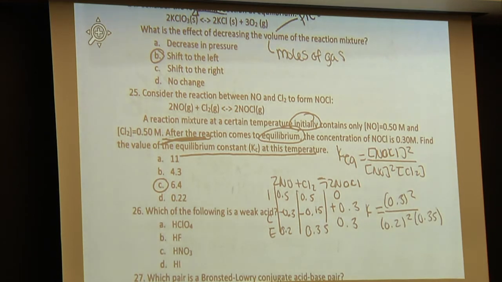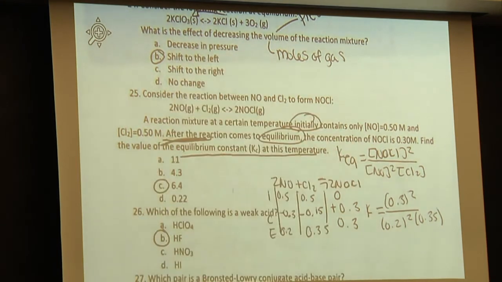All right. Number 26. Which of the following is a weak acid? How many people say A? How many people say B? Okay, everyone knows that HF is a weak acid.